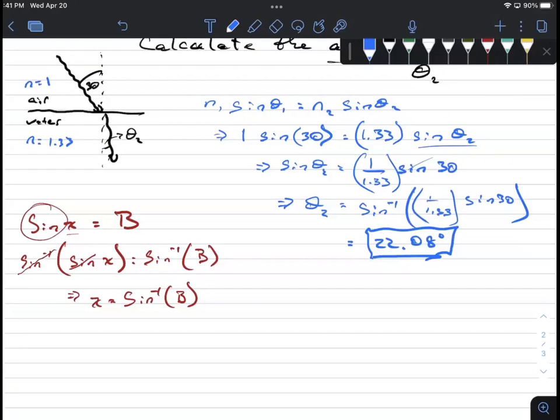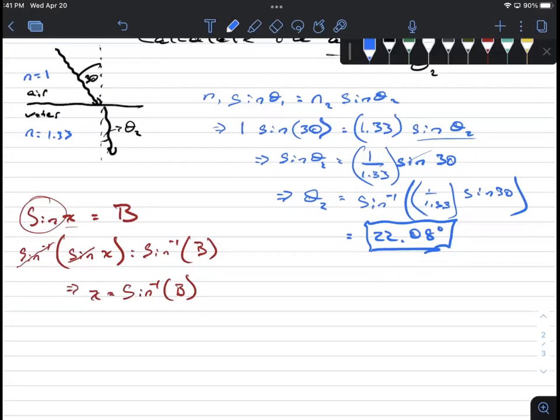So if you're going from air to water, your angle should decrease. You're going from air to glass, your answer should decrease because you're always going from a less dense to a more dense medium. And in this case, we started at 30 and I end at 22. It got smaller, so that makes sense. It seems to be okay.